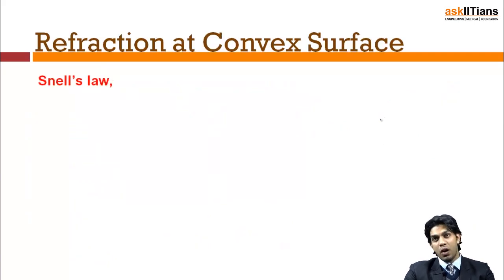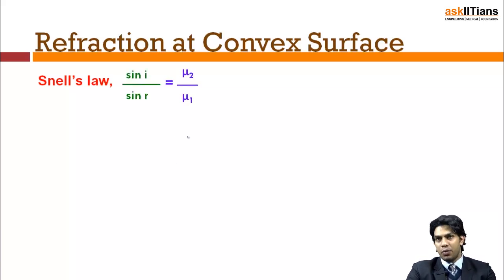Moving on, Snell's law. Again we will use the same concept over here, that is 1 mu 2 or 2 mu 1, depending upon where the light is entering and where the light is exiting. In this case, it's only entering, so sin i by sin r is basically mu 2 by mu 1, as I have two media with different refractive indices, or i by r is equal to mu 2 by mu 1.